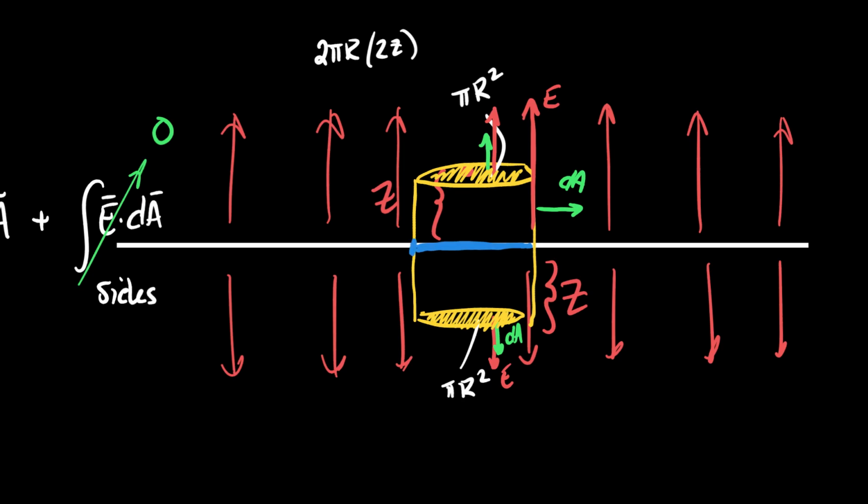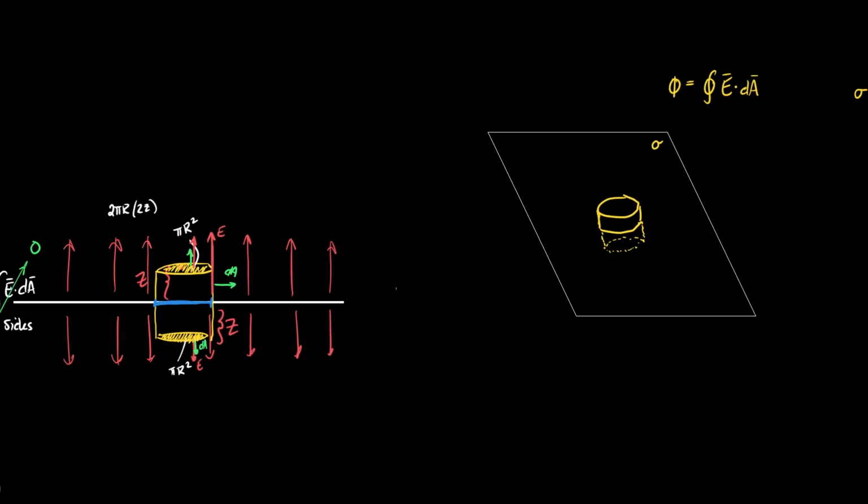I didn't draw it like this, but I think over in this picture we could probably see that the amount of surface that's enclosed is also a circle and would also have area of pi r squared. Does that make sense? The amount of enclosed charge.